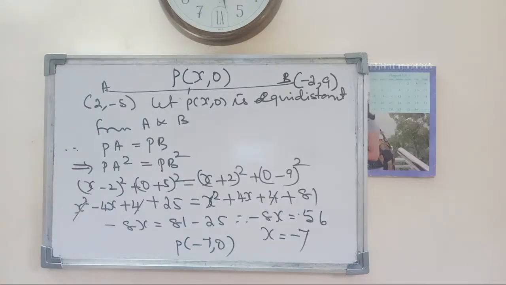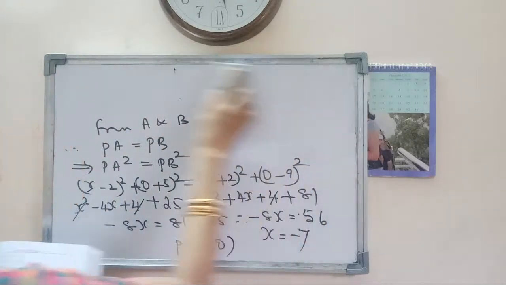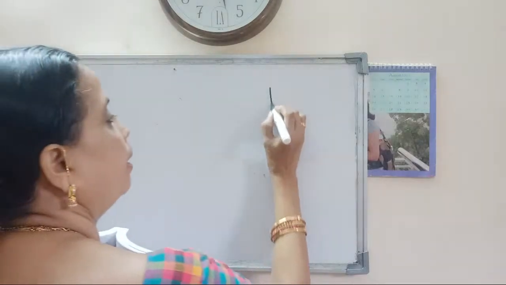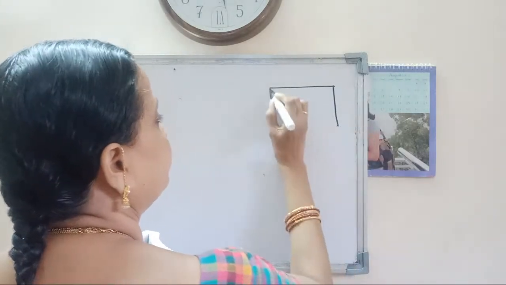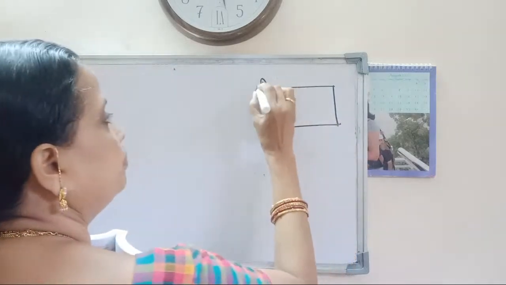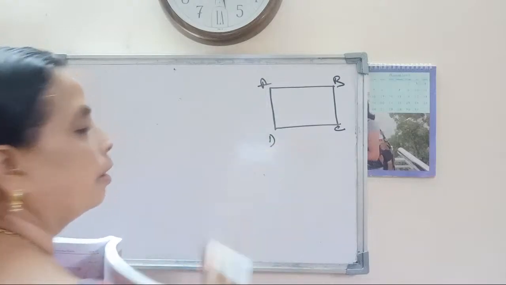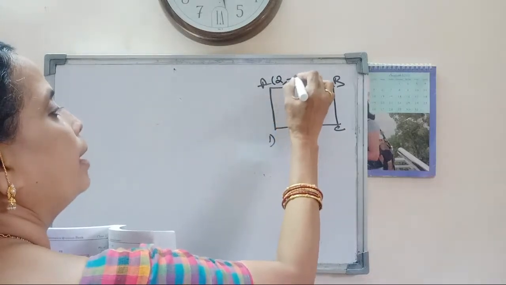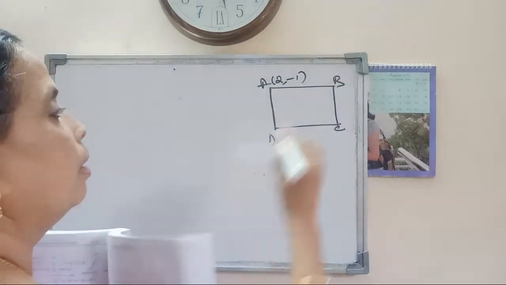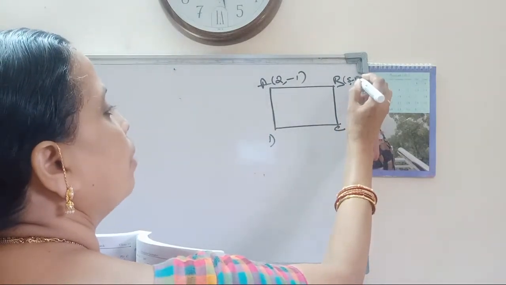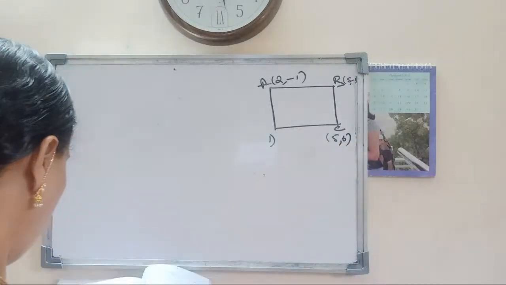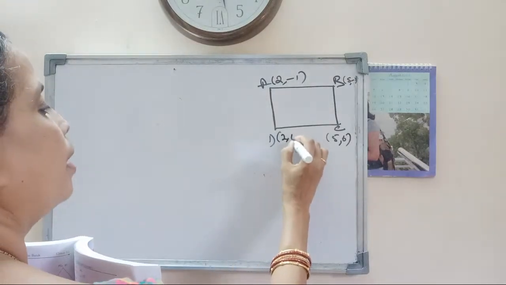Prove that the given points are vertices of a rectangle ABCD with the ordered pairs A (2, -1), B (5, -1), C (5, 6), D (2, 6).